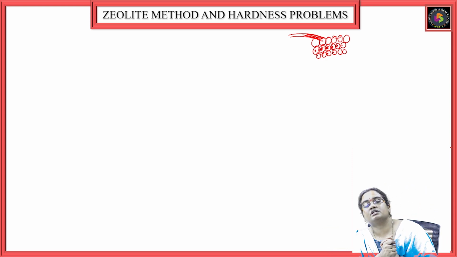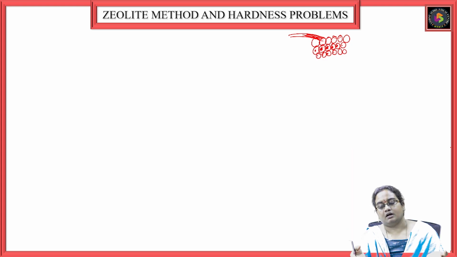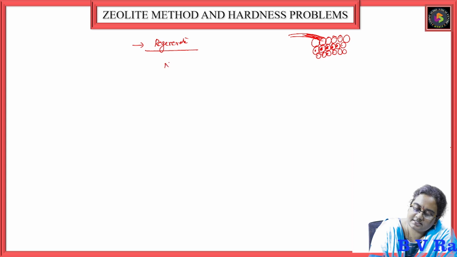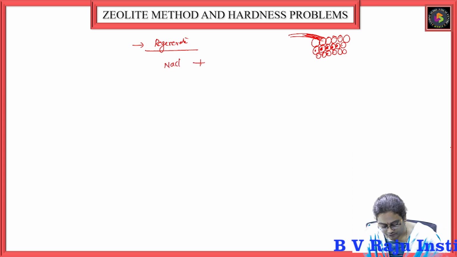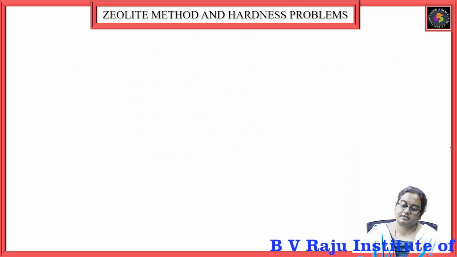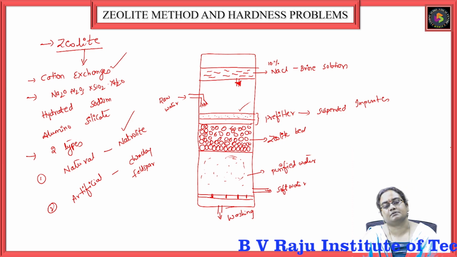Then how to use that one? We can regenerate. How to regenerate means, when this zeolite bed is treated with brine solution, so NaCl, I already told you while explaining the figure. If you observe the first part of your chamber, it consists of 10% brine solution.